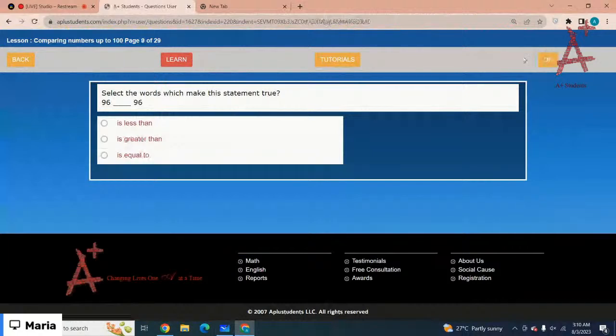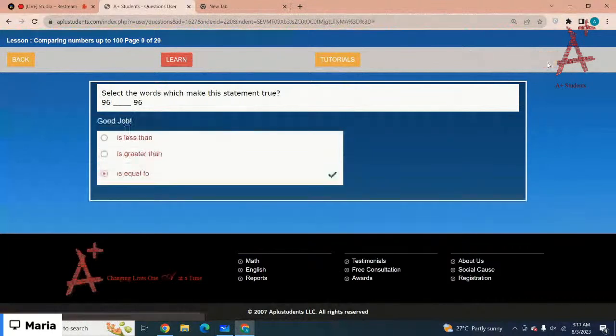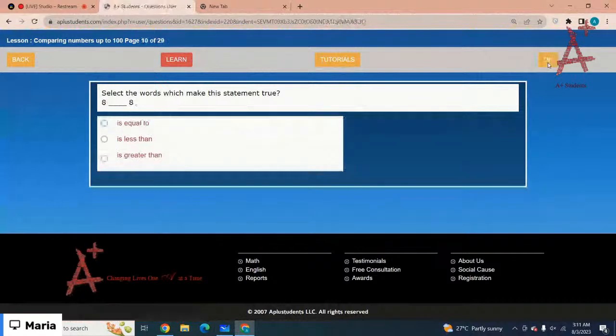Yes, they are equal. 96 is equal to 96. Okay, select the words which make the statement true. 8 and 8. Yes, they are exactly equal. So 8 is equal to 8.